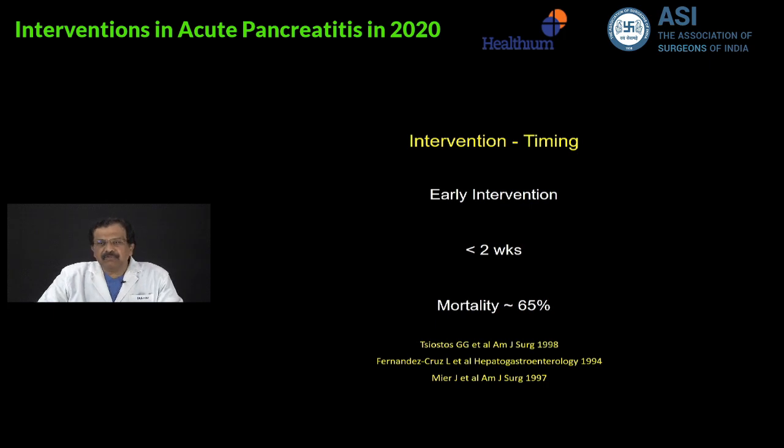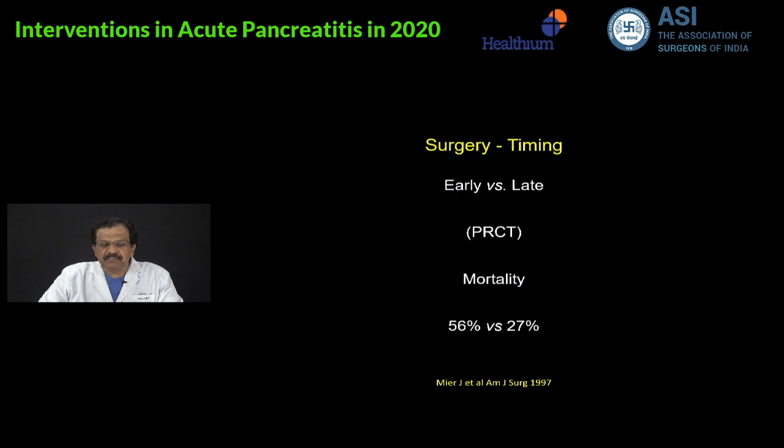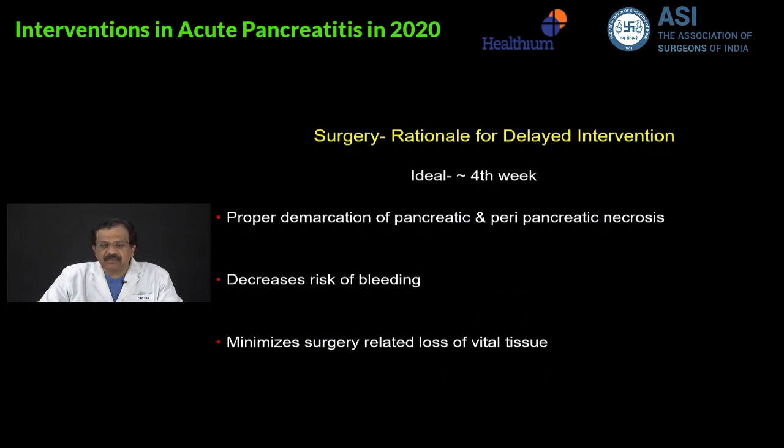So there is very clear evidence that you should not intervene early in these patients with acute pancreatitis. And there's a beautiful prospective randomized controlled trial which shows that if you go in early and intervene in this patient, the mortality is very high, 56% versus 27% when there is delayed intervention.